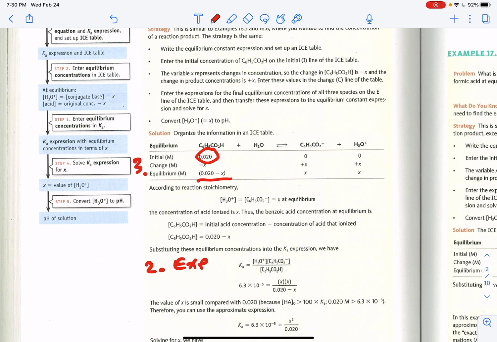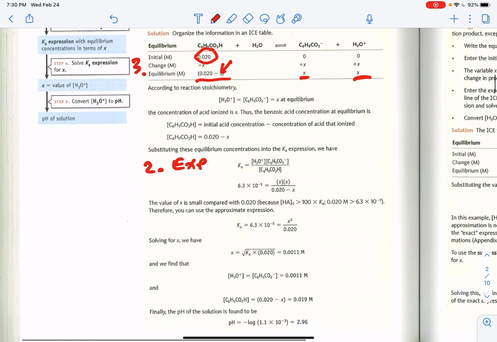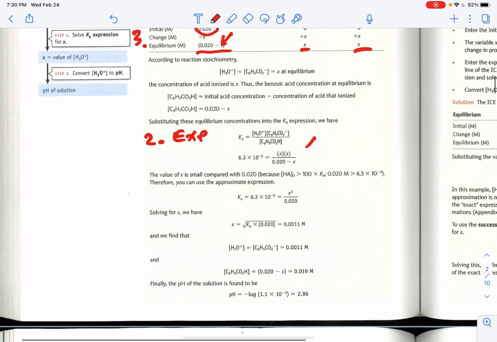Or we could say if I had 0.020 square dance couples and x square dance couples split up, I'd get x guys and x girls. So there's my values at equilibrium. So I plug them into the expression down here. Here's the plug part where you plug it in. And now you've got to chug through the math. Plug and chug.